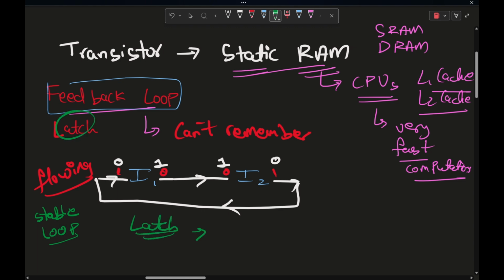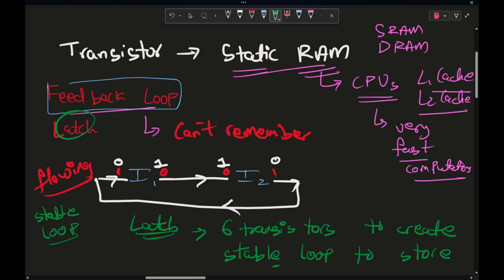A latch is basically a system that uses 6 transistors to create this stable loop to store 1 bit of information. To store 1 bit of information, it uses 6 transistors, and for this reason it is very fast in computations.